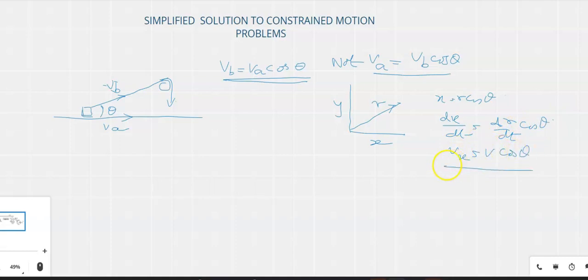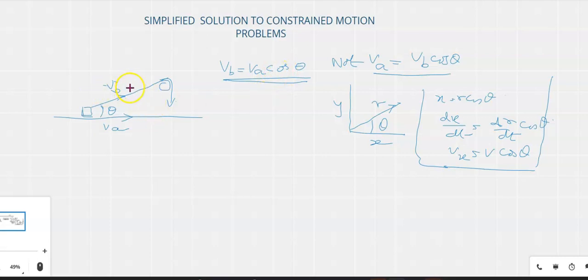This is what intuitively the students expect as the solution, but instead the solution presented is this, and they say that we have to take the projection of A on that. Somehow I feel this is not the correct argument, because here we can see the angle theta is varying. It is not constant. Here theta is constant, here it is varying. So I will try to show that using this approach, we will get this answer.